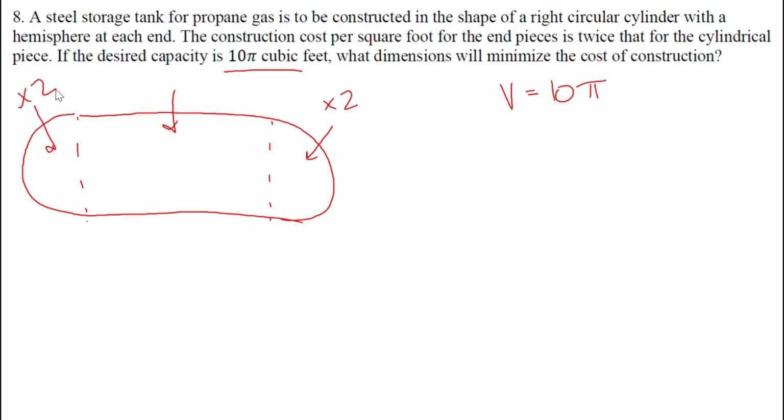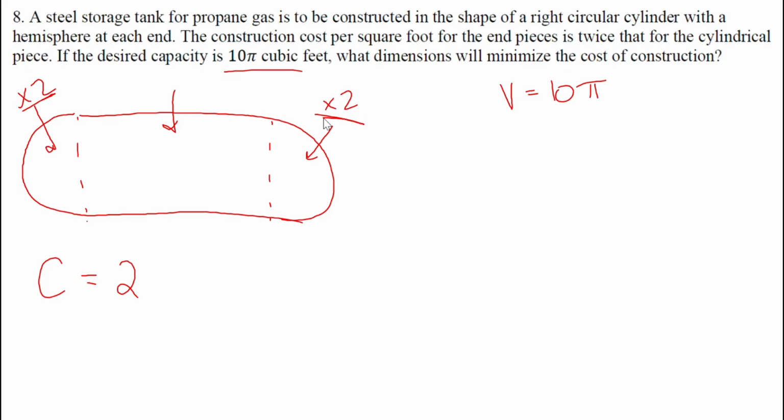And so as we go through to try and come up with what the cost to build this thing is, we need to take into account the amount of material, which is going to be the surface area, but then we have to multiply the end caps by 2. So we've got a cost that's going to be equal to 2, times the surface area of this thing.